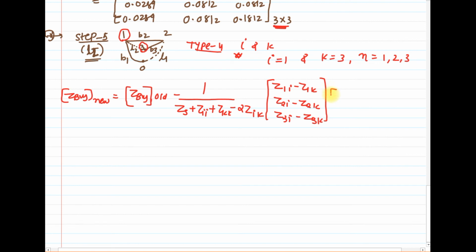Clear? Yes, this is a very simple example. You just need to follow the process and follow the steps.